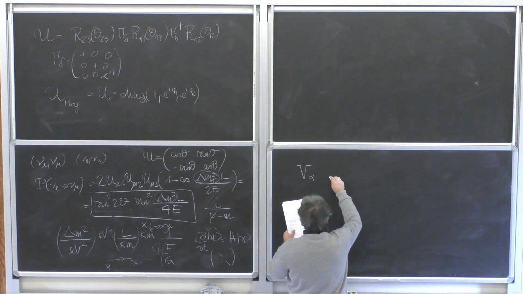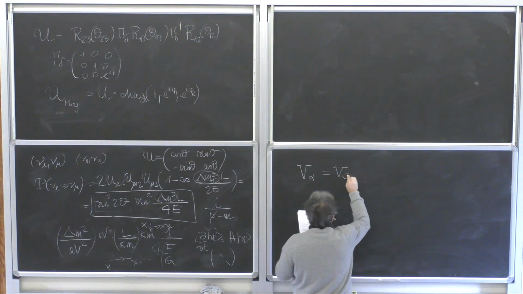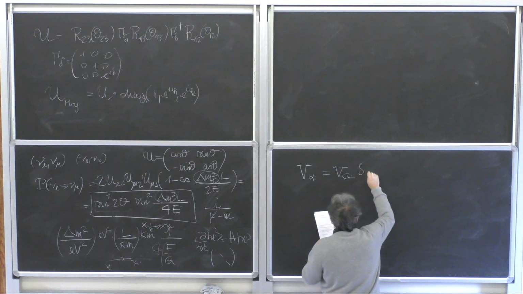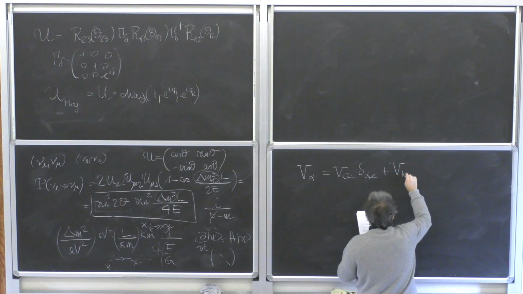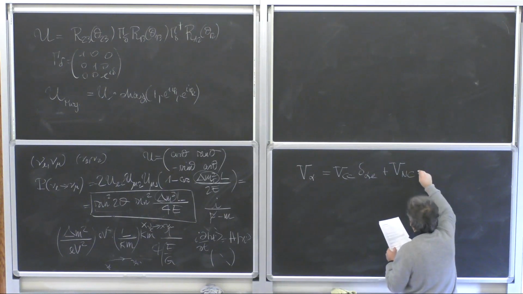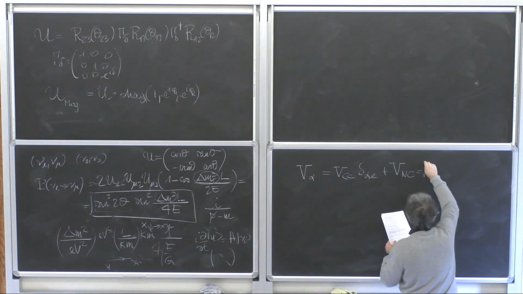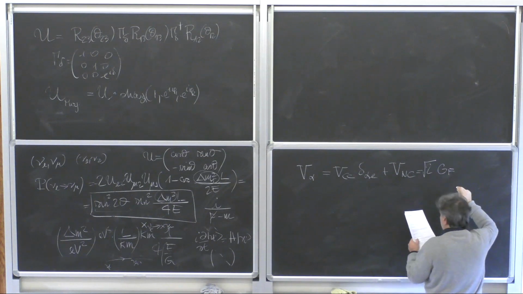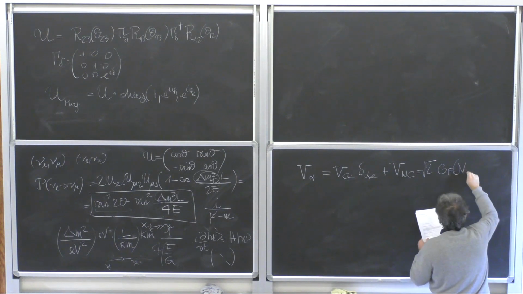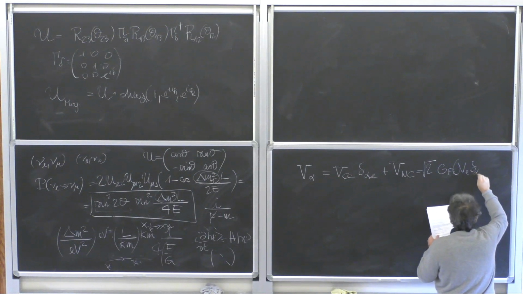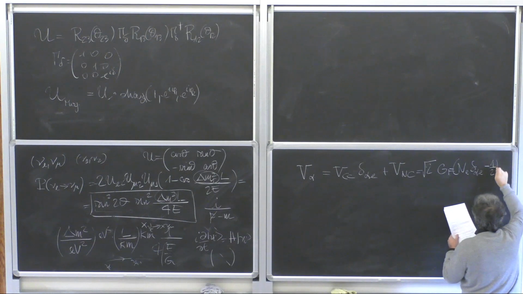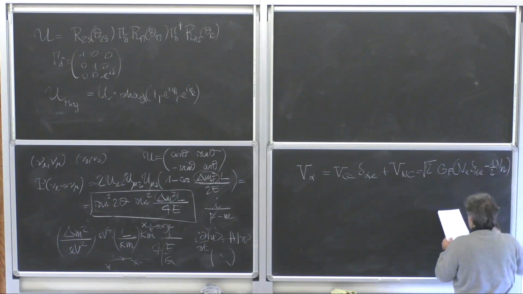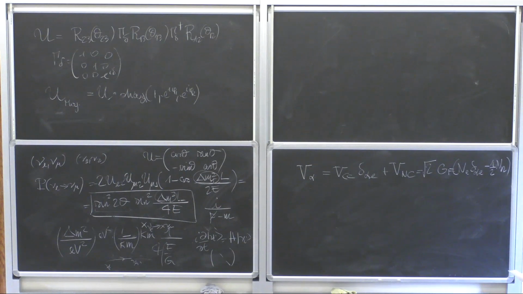I call it V nu alpha, that is V_CC delta alpha e plus V_NC. That is exactly square root of 2 G_F n_e delta alpha e minus 1/2 n_n, small n. So let's see what this is.